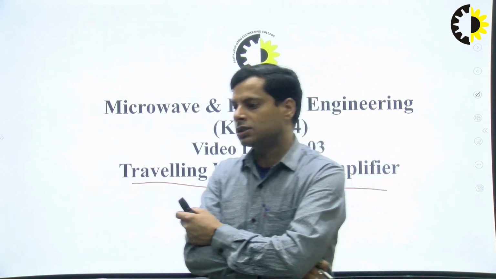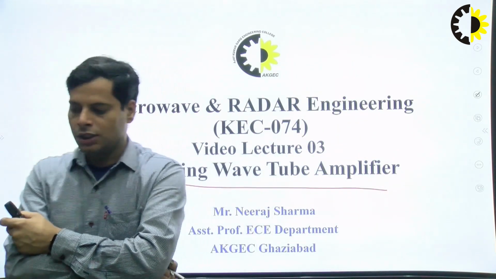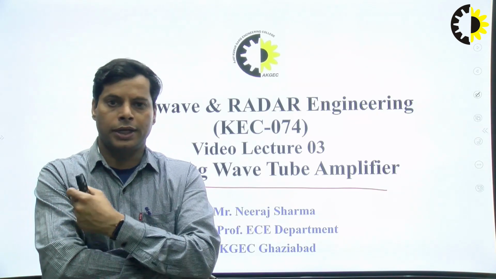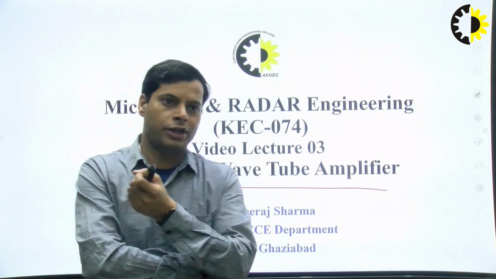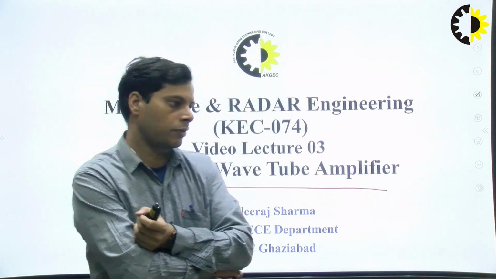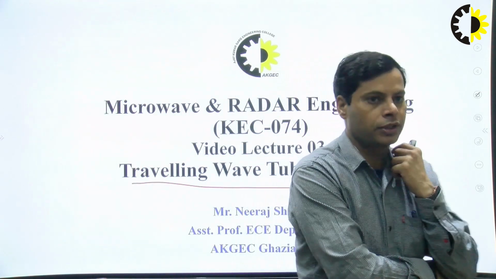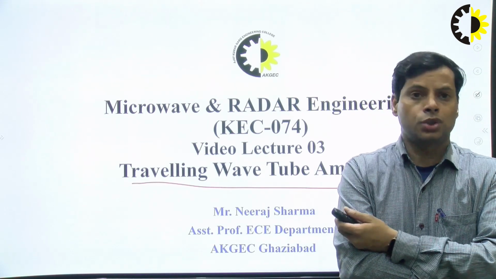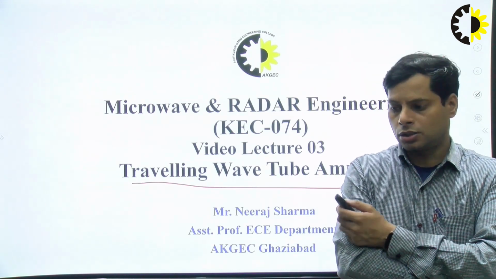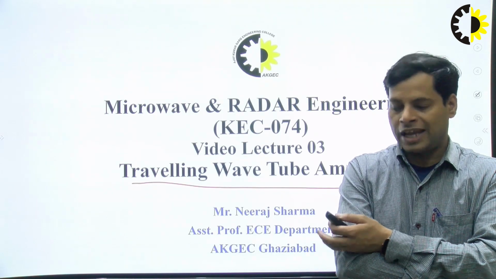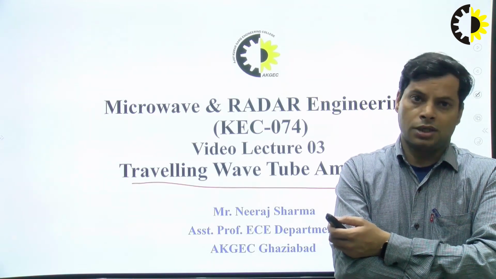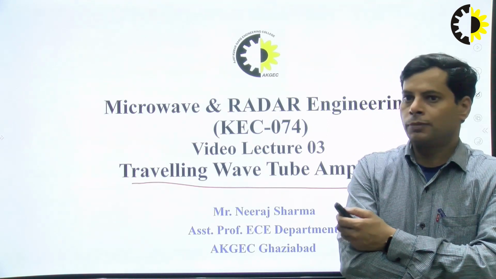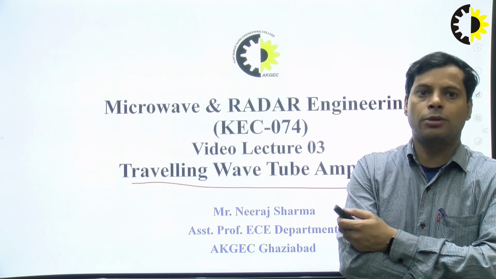So in that series, we are using the klystron tube as a microwave source, and the klystron tube also has its specific families, with different types of classification, like the two-cavity klystron amplifier, multi-cavity klystron amplifier, and reflex klystron amplifier.